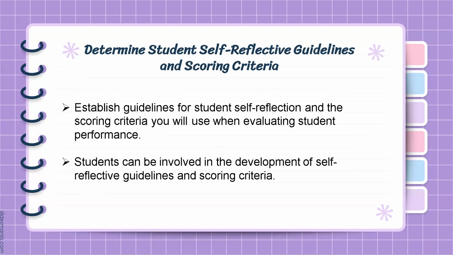In many cases, students can be involved in the development of self-reflective guidelines and scoring criteria. By working on these together, students will develop greater ownership of the process and will have experience in working collaboratively with the teacher.